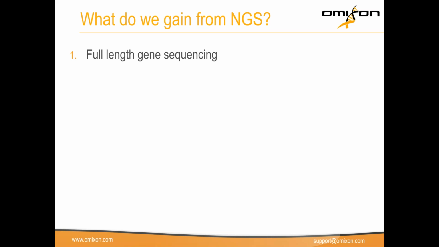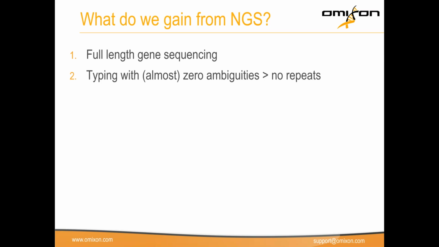This comes along with the second benefit, which is that we can do a typing with zero ambiguities or almost zero ambiguities. And this gives one big benefit, namely no repeats or very few repeats, whereas with Sanger sequencing, you had to redo your runs with group-specific primers to resolve ambiguities. With next generation sequencing, that's almost solved.